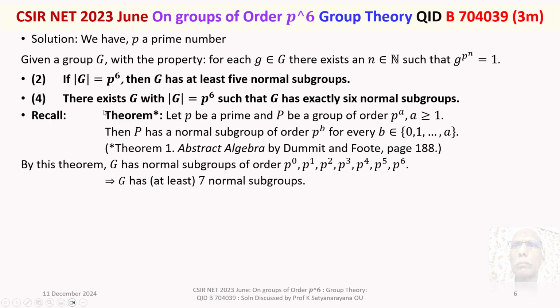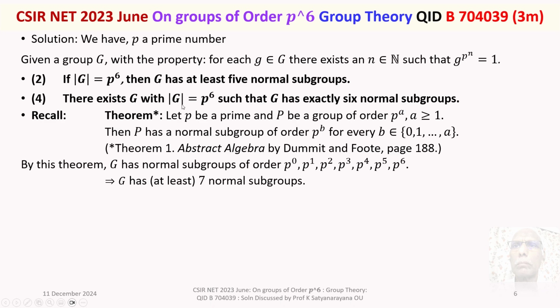And for option 4, there exists some group G with order of G equal to p to the power of 6 such that G has exactly 6 normal subgroups. Once it has order p to the power of 6, it will have at least 7 normal subgroups. So there is no group G with order p to the power of 6 which has exactly 6 normal subgroups.